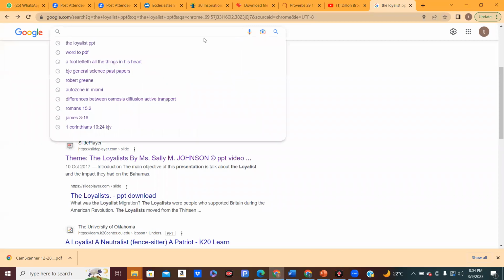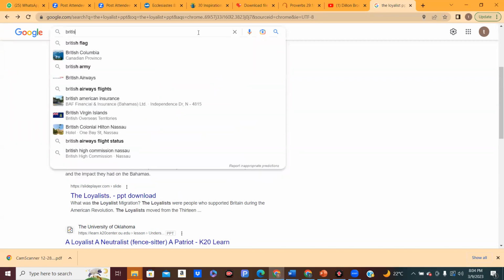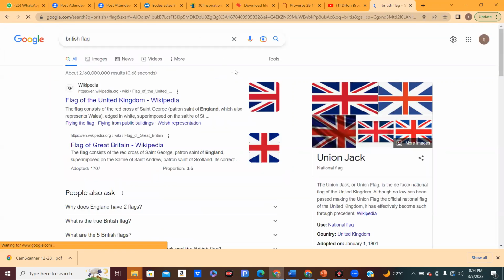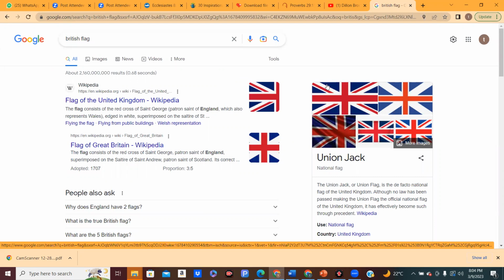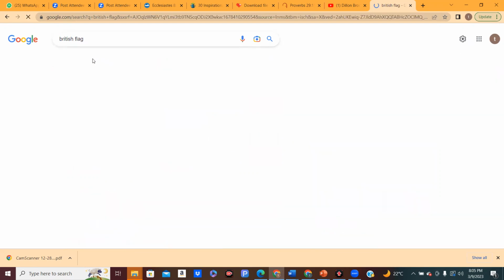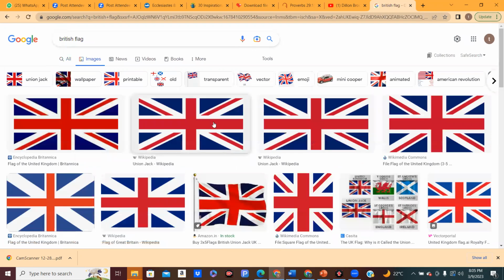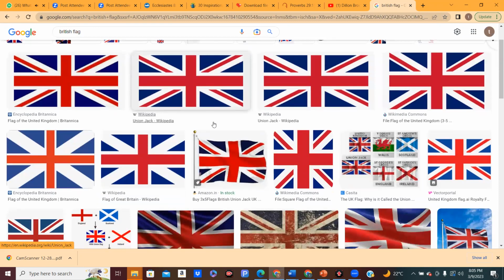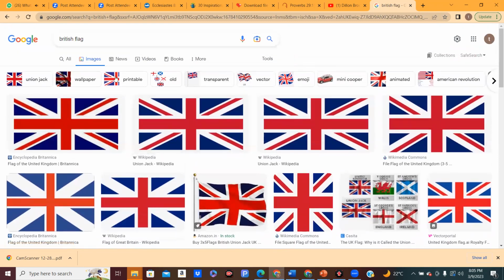It's like red, white and blue, like a star. Yes, most definitely. This is the British flag. What do they call it? The Union Jack. Very good.